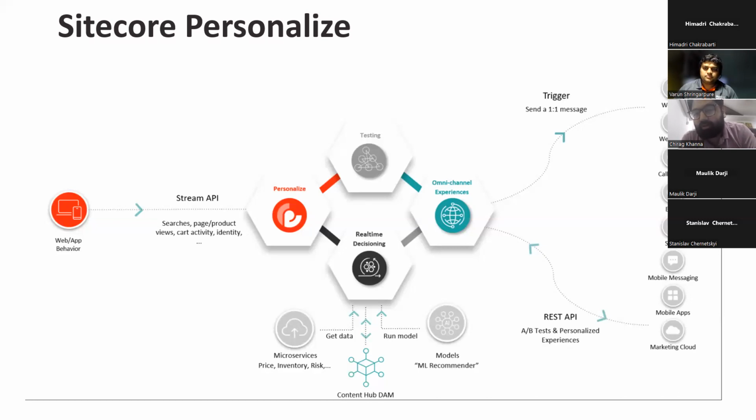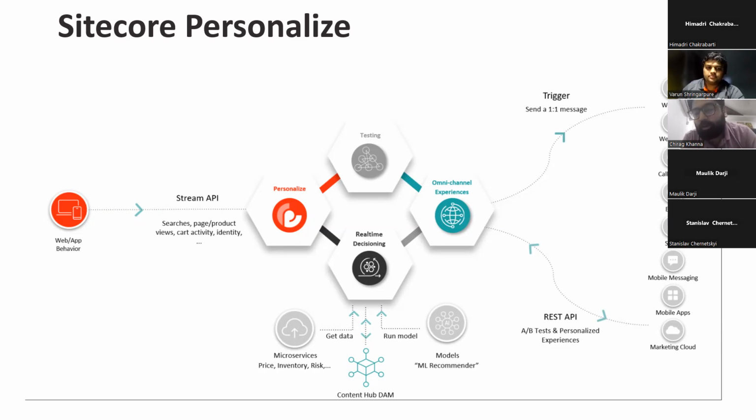So once all these decision models, experiences, and experiments are created, we can trigger whatever experiences and experiments are created on our website, right? Using a one-to-one way or the REST APIs. So basically there are two ways we can inject these experiences or experiments into any website.